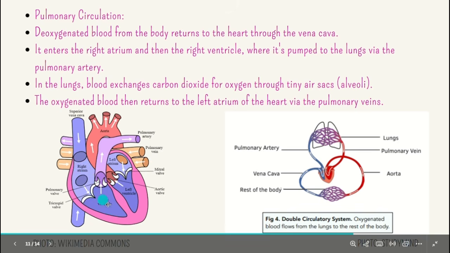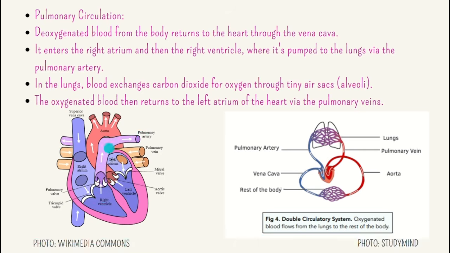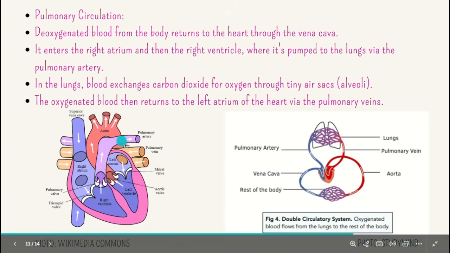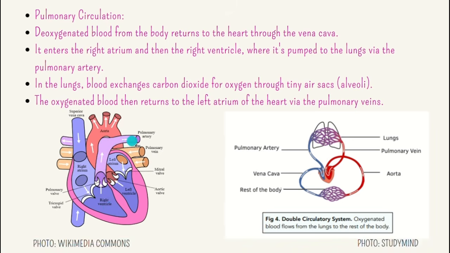So it comes to the right ventricle, where it's pumped to the lungs via the pulmonary artery. So as you can see, this is the first lap of the blood's circulation. Blood passes through the heart twice. So see there, this is where deoxygenated blood comes in, and then it's pumped to the lungs via the pulmonary artery. Right, good.